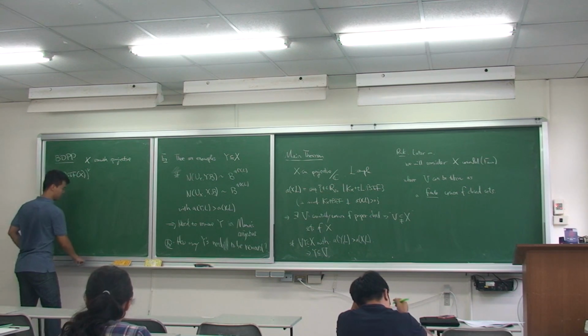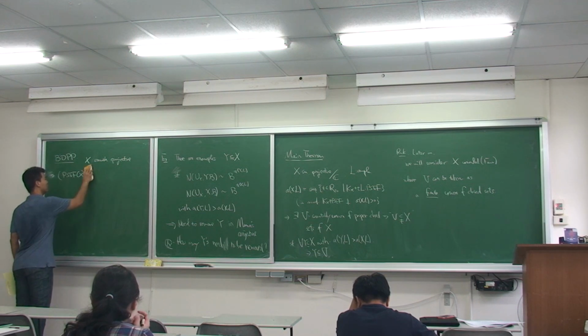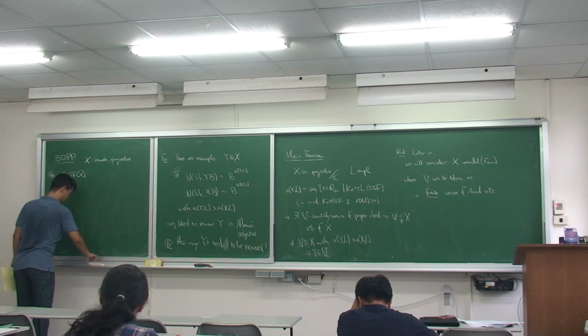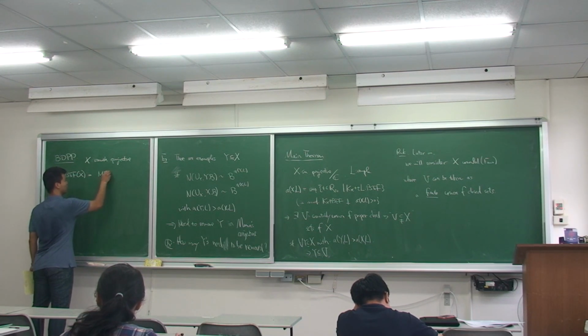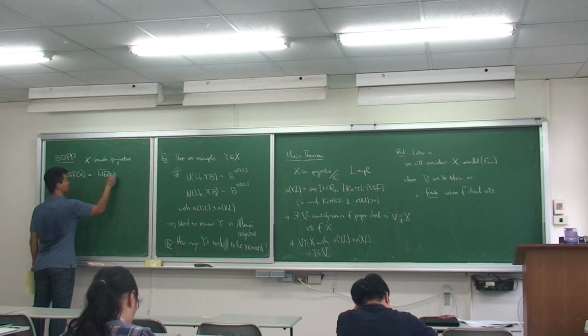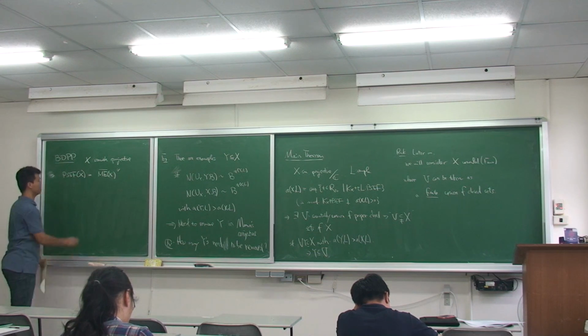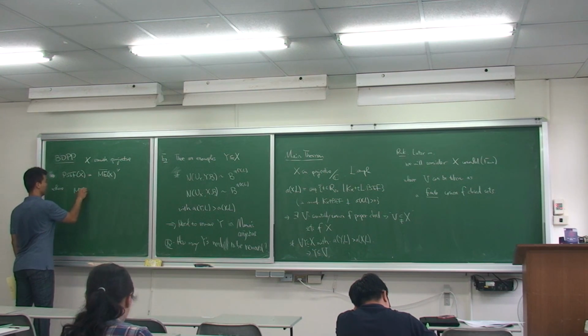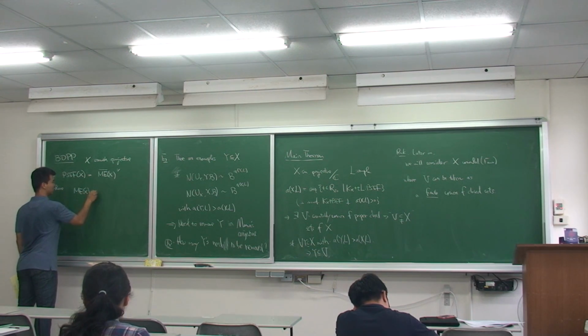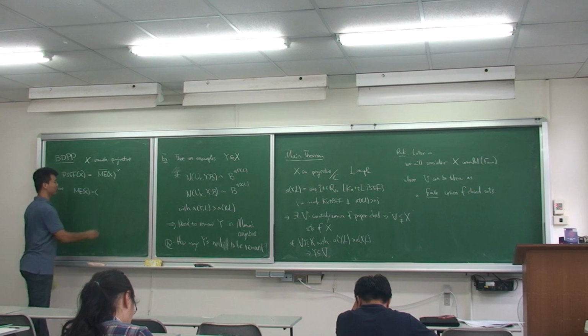So what is a pseudo-effective cone? Well, it's actually the dual of the movable curves. Okay, so let me explain the notation. So the dual cone is generated by movable curves.